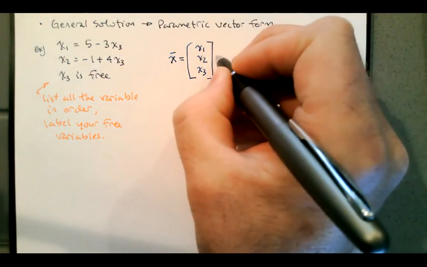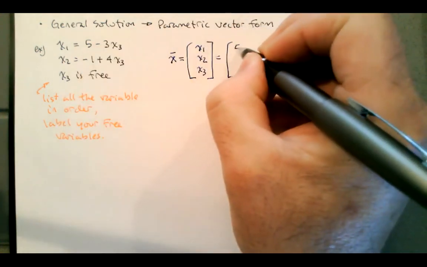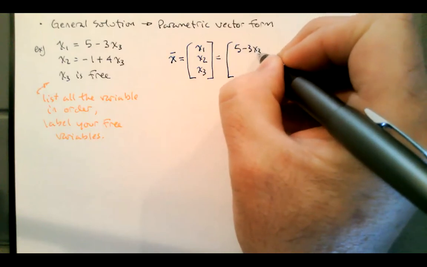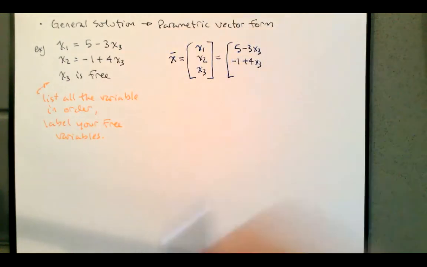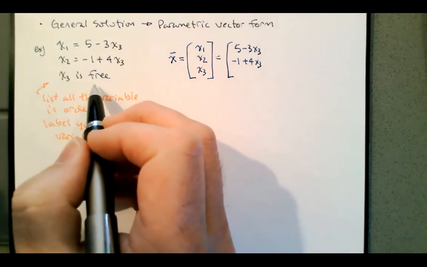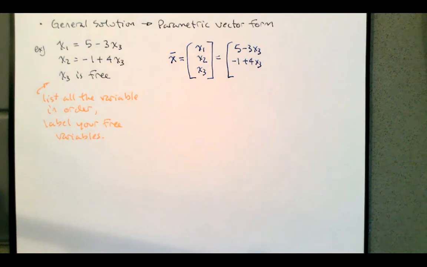So if we just write down what x1 is equal to, x1 is 5 minus 3x3. x2 is negative 1 plus 4x3. And what I did a poor job of explaining last time is this x3 is free. How does that show up in the parametric vector form?